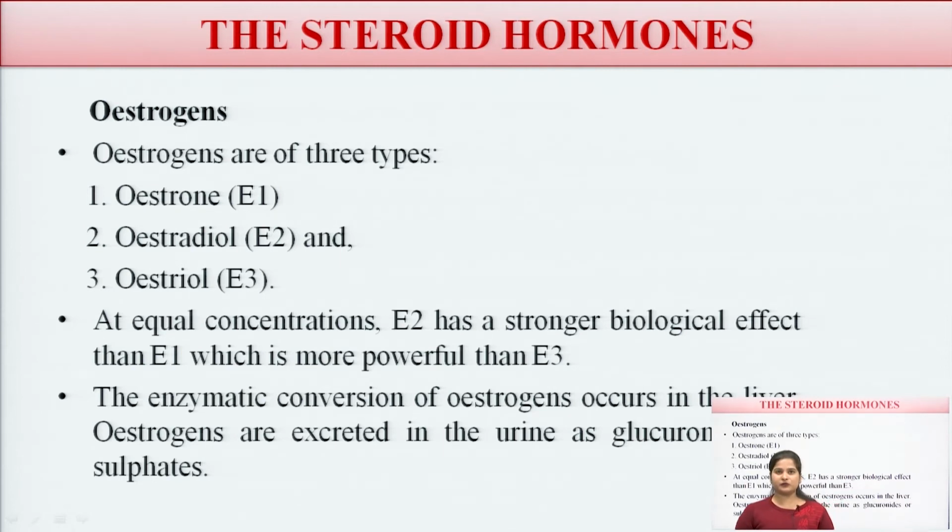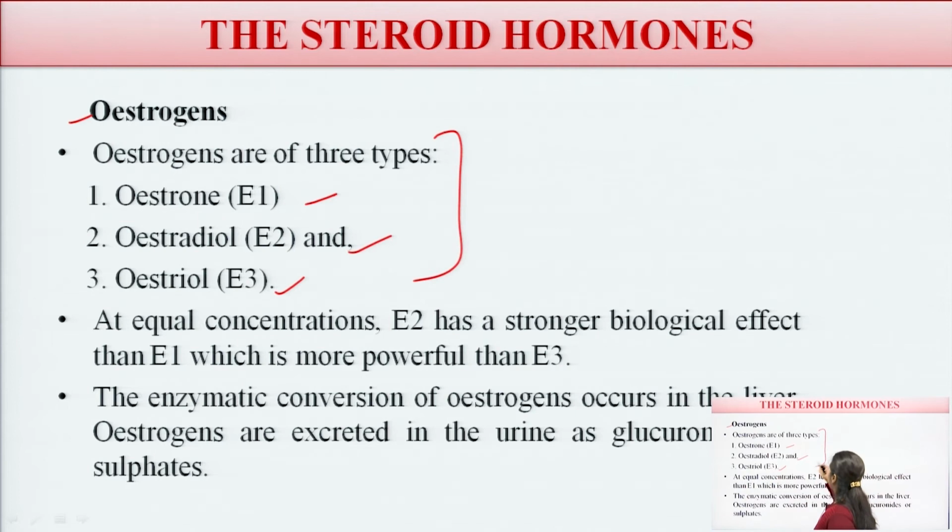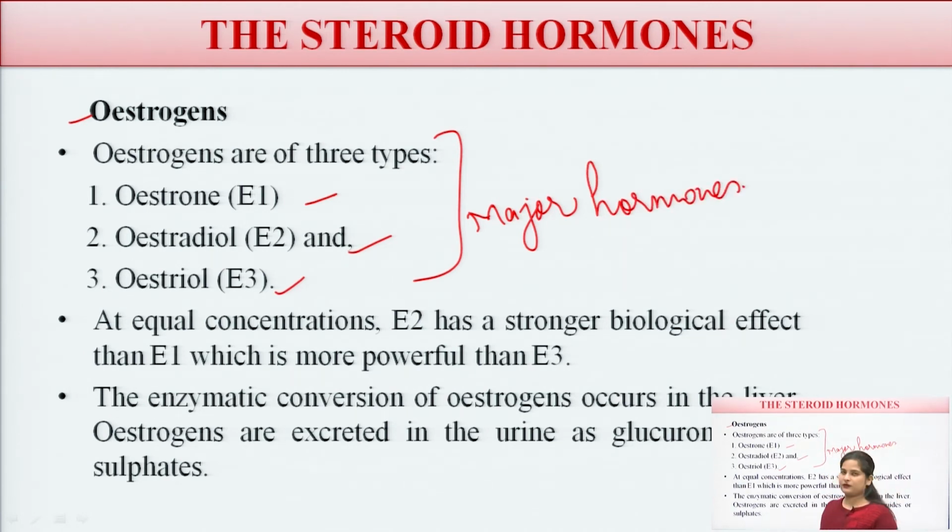Steroid hormones have some specific features. First are the estrogens. These estrogens are of three types: estrone, called E1, estradiol, called E2, and estriol, known as E3. These are the major hormones, right?